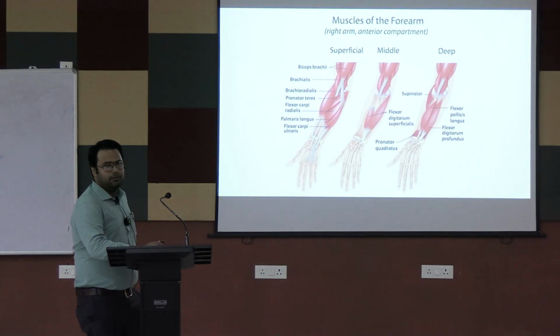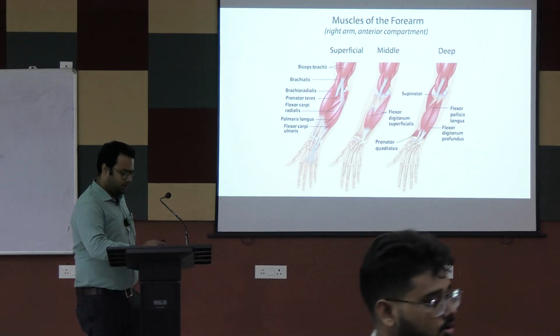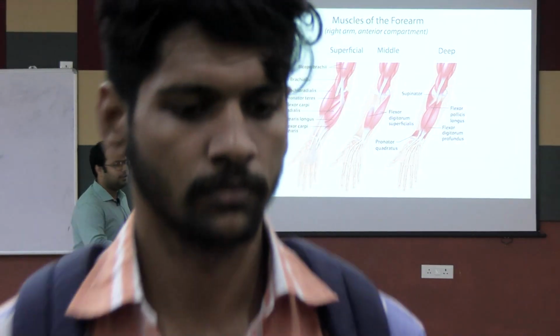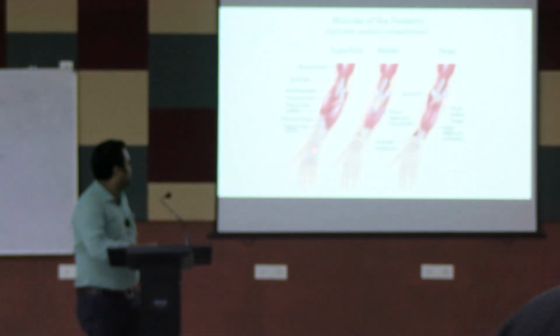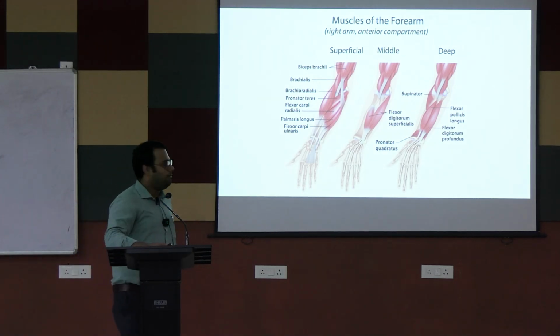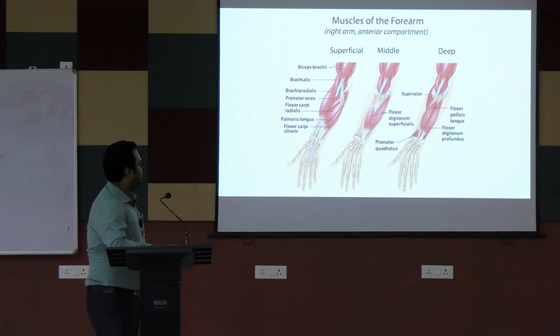In superficial plane, which muscles do we have? The five muscles originating from the medial epicondyle. Okay, starting off with the pronator teres, flexor carpi radialis, the palmaris longus, flexor carpi ulnaris, and the flexor digitorum superficialis. Okay, and in the deep compartment we have the flexor pollicis longus and the flexor digitorum profundus, and lastly the pronator quadratus.